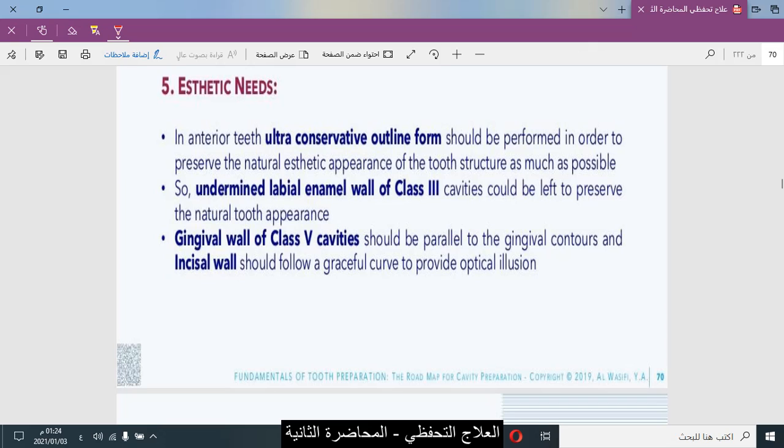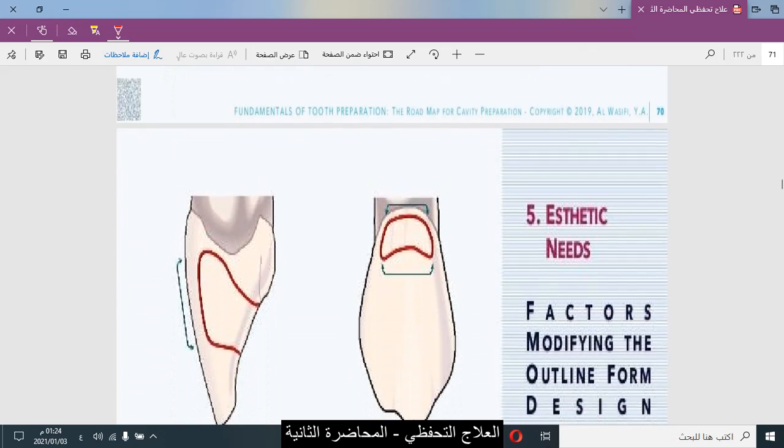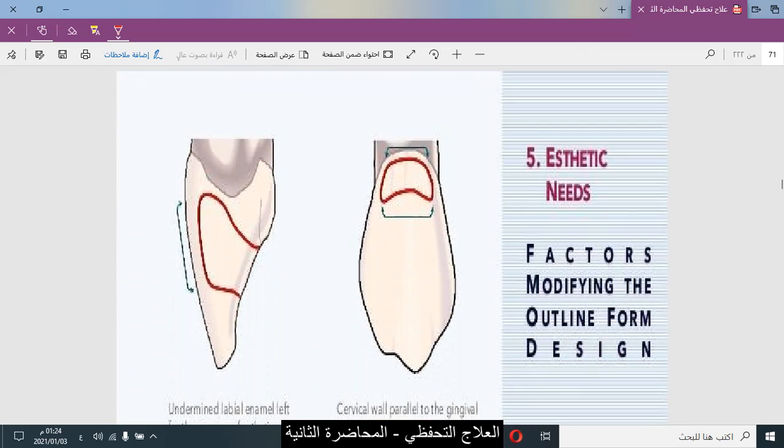The gingival wall of a class 5 cavity is not extended more gingivally because there will be less enamel for bonding, and recurrent caries will be high, so we have to stay over the gingiva, not lower, and the margin must follow the gingival contour. For example, here in the class 5 cavities, we have to follow the gingival contour.